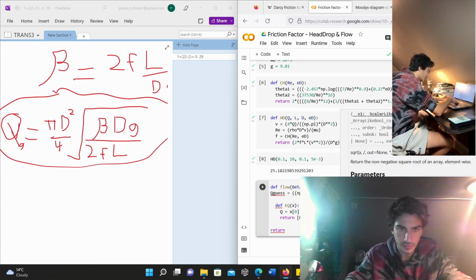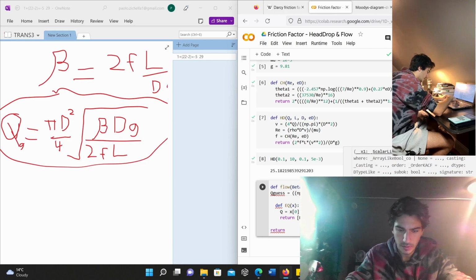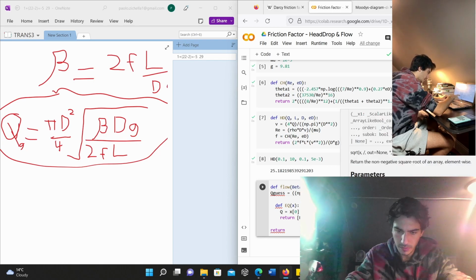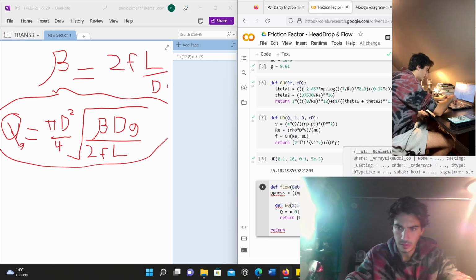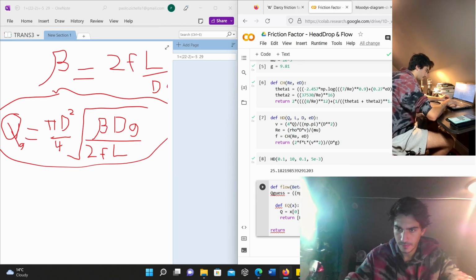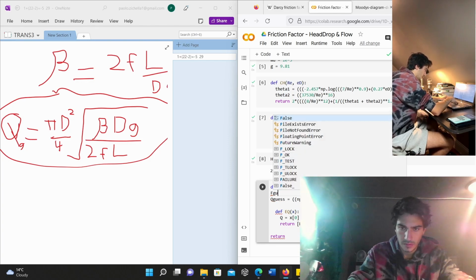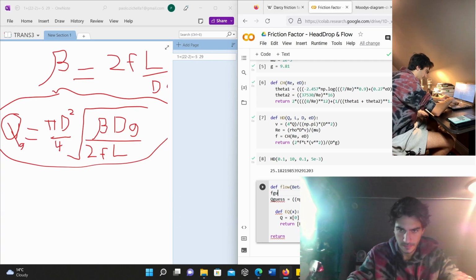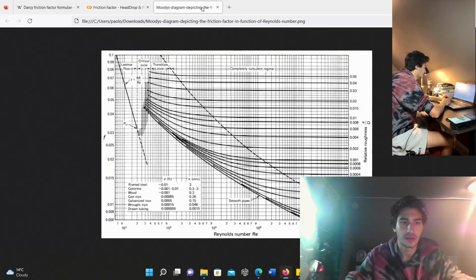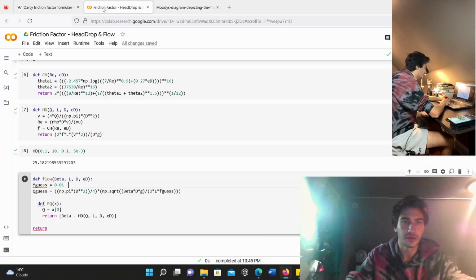Then we want to multiply, so we want double beta times gravity, and all of that divided by 2 times length times, and then for the Fanning friction factor, I'm going to call it F guess, right? Good. And I'm going to put a guess here for the Fanning friction factor, and I think 0.01 is a fair value because it's roughly in the middle of these values and situations.